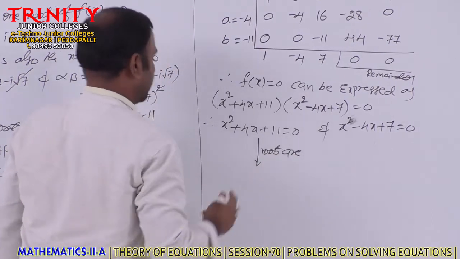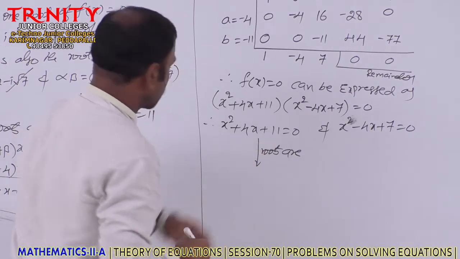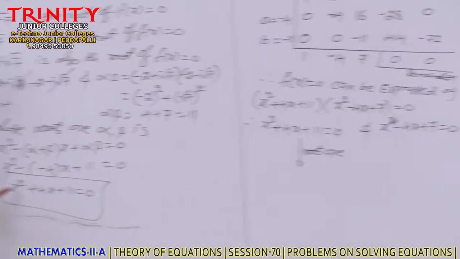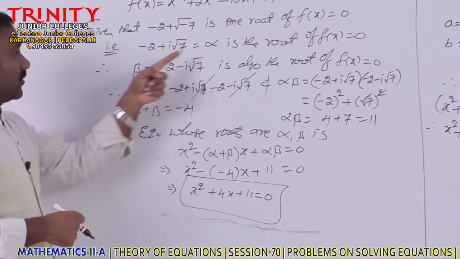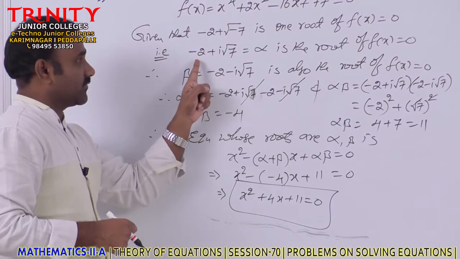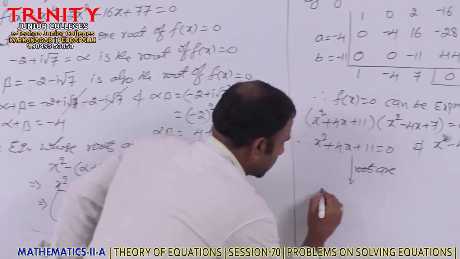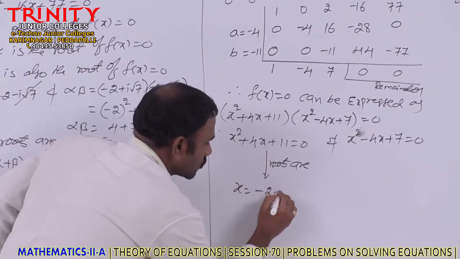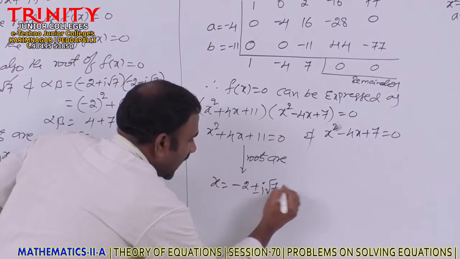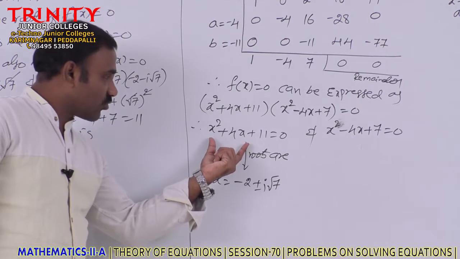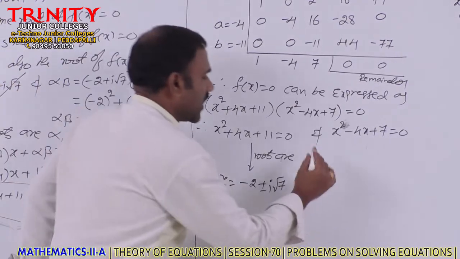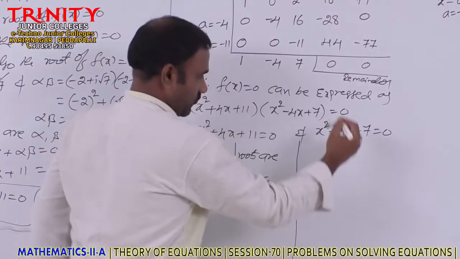The roots of x square plus 4x plus 11, this equation is formed by these roots alpha and beta. Therefore, minus 2 plus i root 7 and minus 2 minus i root 7. Minus 2 plus or minus i root 7 are the roots of this quadratic equation. Now we have to find the roots of this quadratic equation.